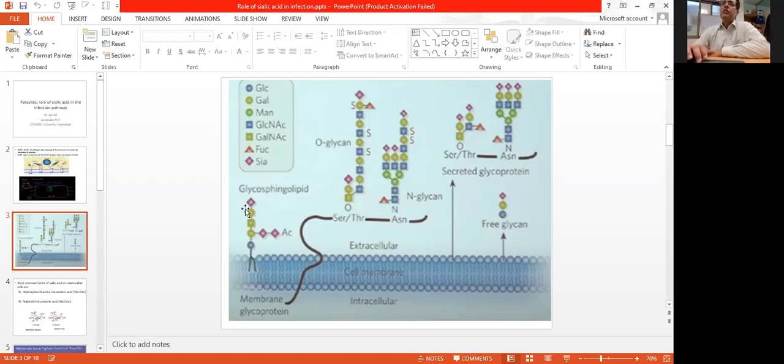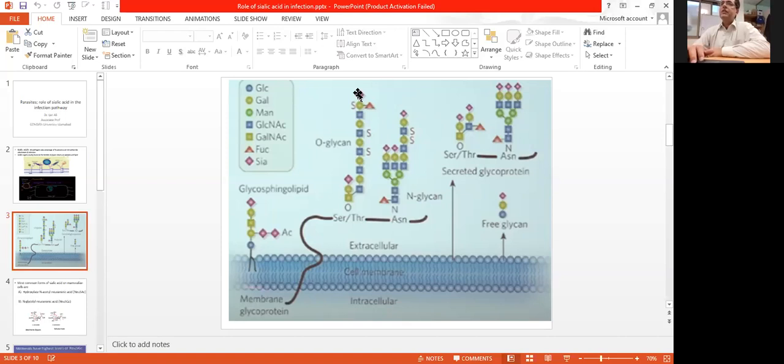At the top, you can see these purple structures. These are actually sialic acids. So sialic acid is making the outermost boundary of this sugar chain. It occurs at the end of sugar chains which are connected to these cell surfaces.